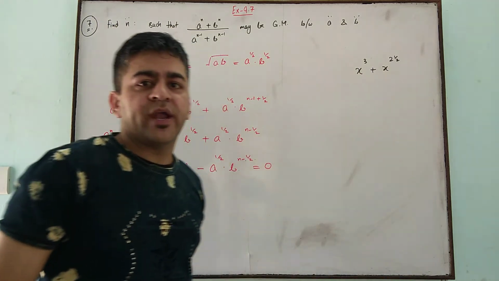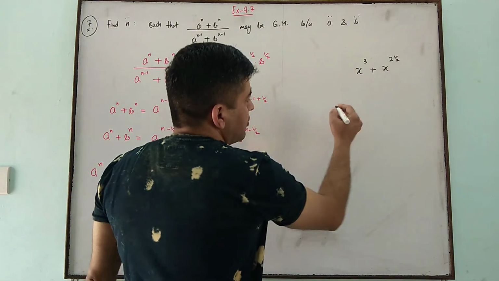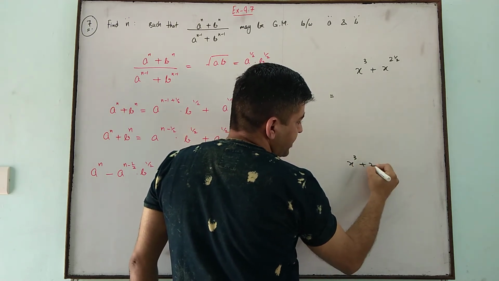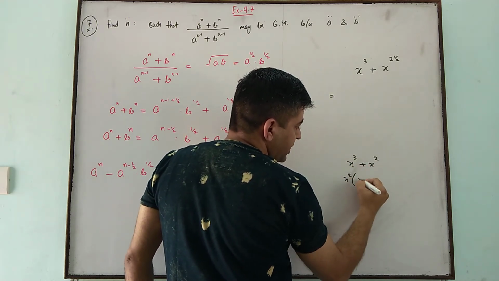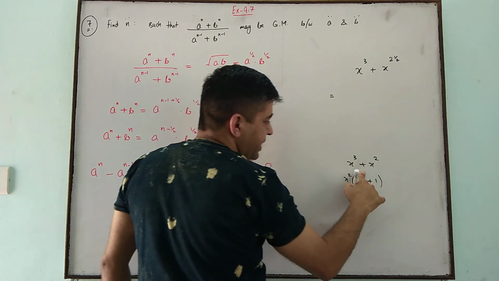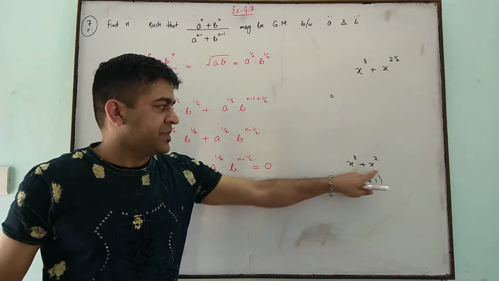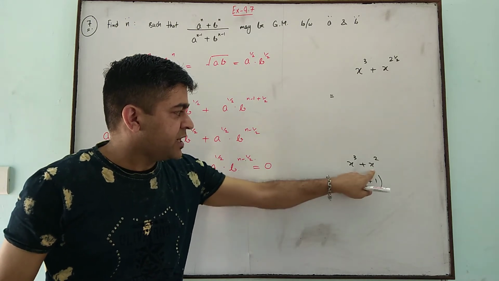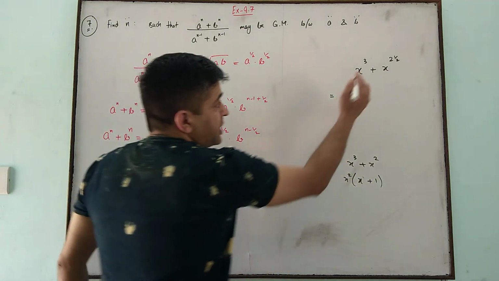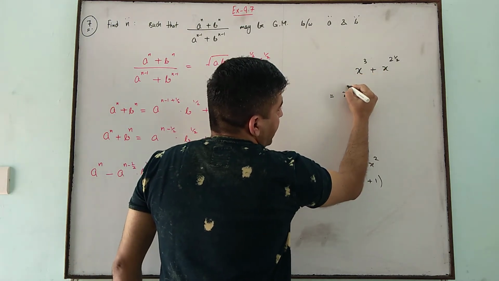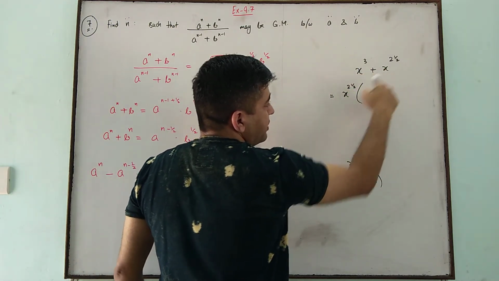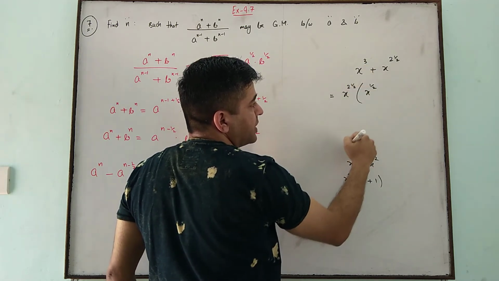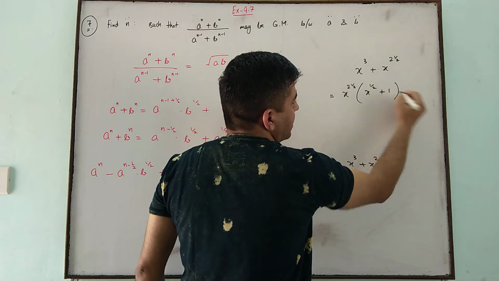X to the power 2 and a half means half less than 3. What can we take common? Obviously the lesser power we will take common. In x cube plus x square, we take x square common, x plus 1 will be left. Is this thing clear? Right? X square we can take common, here x and here 1 is left. Then out of these two, x to the power 2 and a half we can take common, less power, and x to the half will be here, 2 and a half plus half will be 3, plus 1.